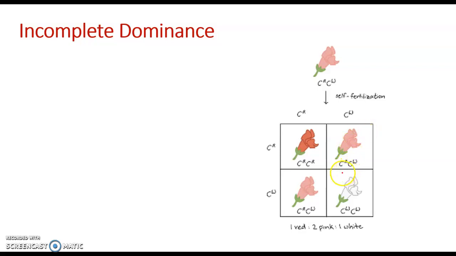So flower color is a really common example of that. Having an R allele for color, being homozygous for R will lead to a red flower. Being homozygous for white will lead to a white flower. But instead of being like striped red and white, like you would expect from maybe a codominant situation, this phenotype of the heterozygote is pink, a mixed phenotype. Neither one is expressed over the other.